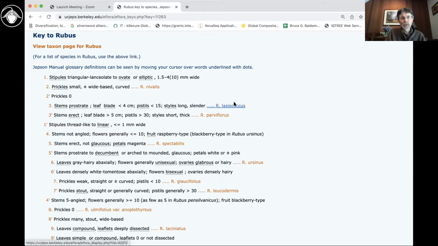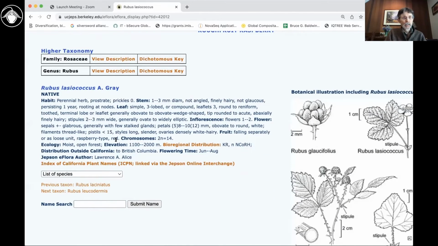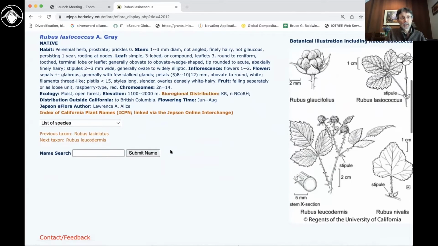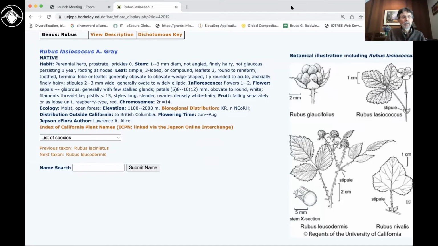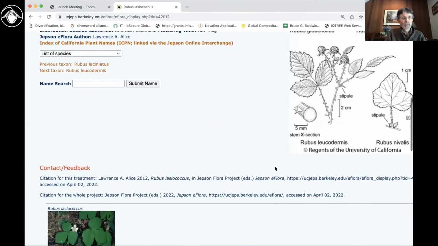And then if you go to a particular species, again, the description, and in this case, there are no subspecies or varieties. We don't have a link to keys, or there's no key beyond that point in the main key. But once we get to a species or a final minimum rank taxon, be it a variety or subspecies, or if there are none, then a species, we'll have the illustrations from the Jepson Manual here that are relevant.